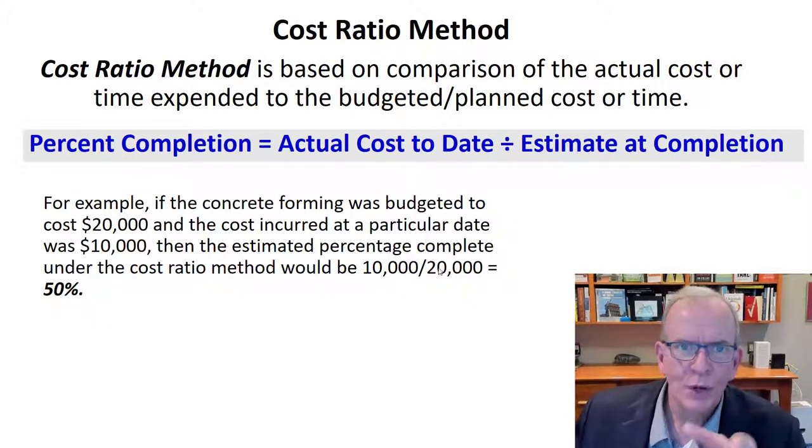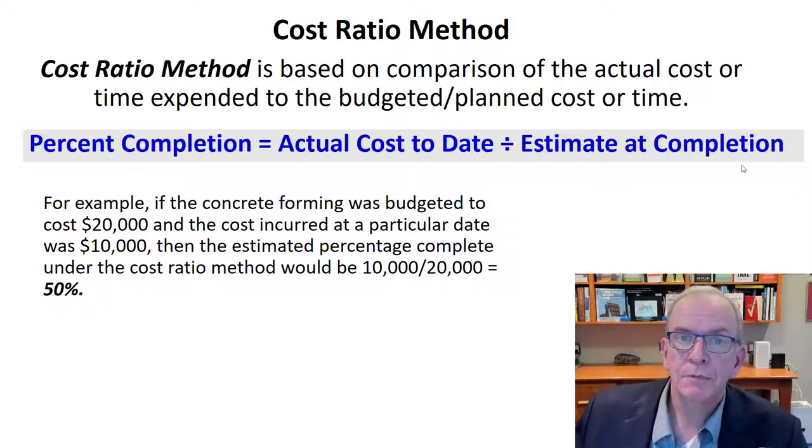You're not going the way that you expected to go. So in a case like that, that $10,000 actual cost to date is going to be divided by a new number, not your budgeted number, your estimate at completion, which would be 30,000. Now you're only 33% complete.